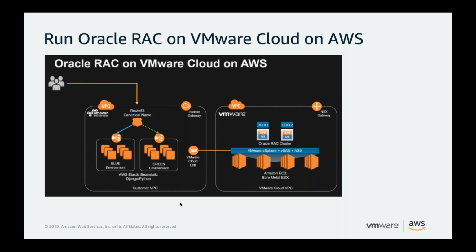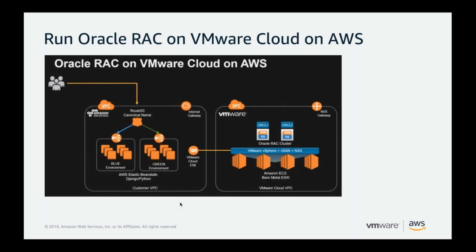As mentioned before, Oracle RAC has infrastructure requirements that are not directly available in AWS, namely shared high performance storage accessible from all nodes in the cluster and multicast layer 2 networking. VMware vSAN and NSX, which are deployed into the VMware SDDC cluster, meet those requirements succinctly, which makes it a viable option to run Oracle RAC on VMware Cloud on AWS.